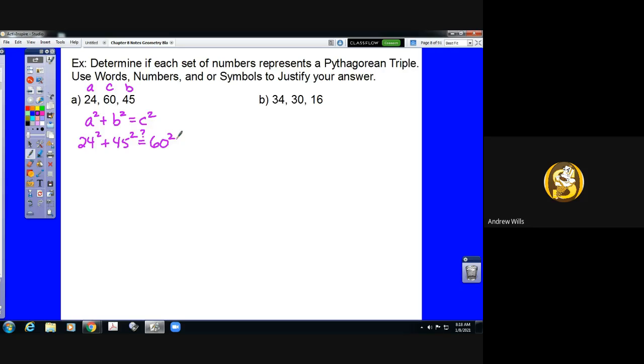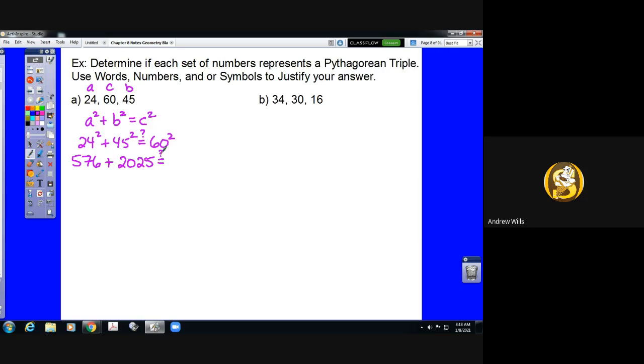All right, so we go in and we check this. 24 squared. 24 times 24 is 576. Just going to double check my memory. Yep. So we have 576 plus 45 squared, which is 2025.